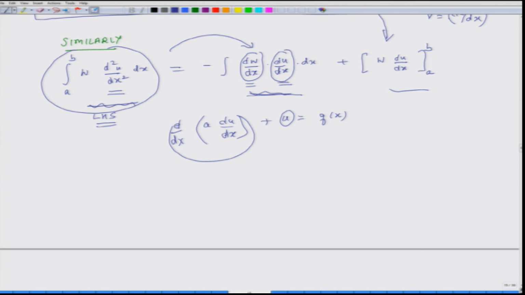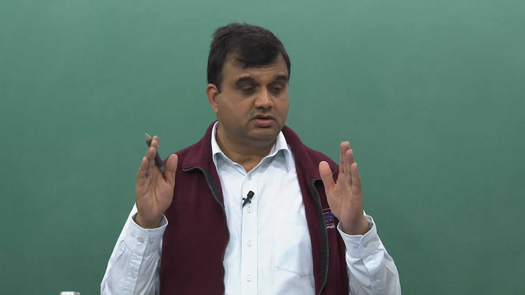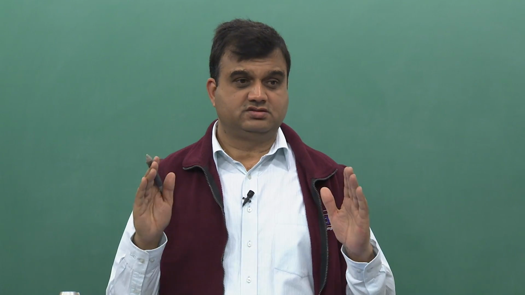Now, later in the FEA course, what you will see is that this balancing of differentiability on the weight function and the unknown variable is related to the error. If it is balanced, then it leads to symmetric matrices.